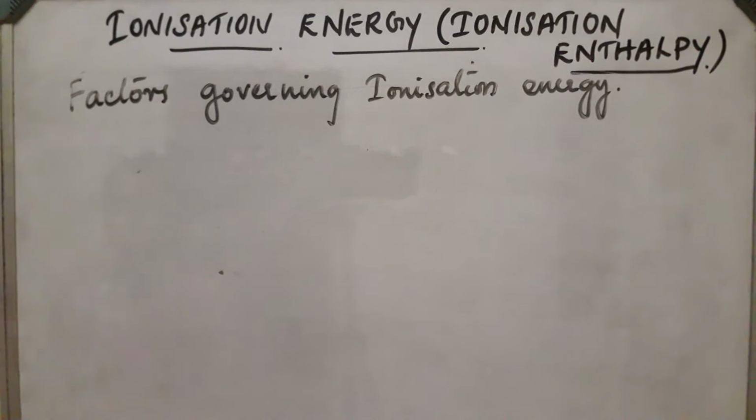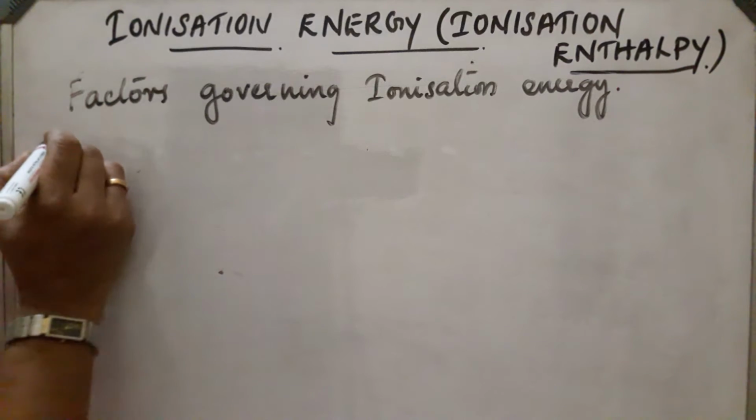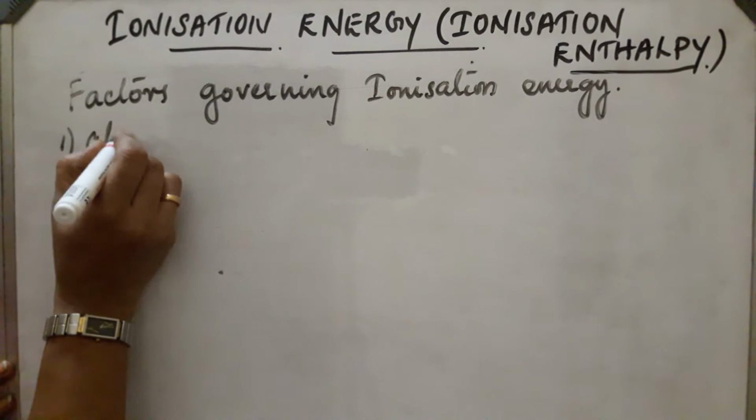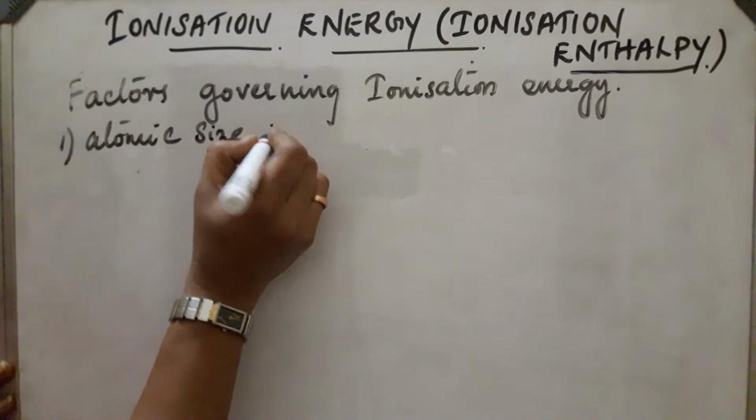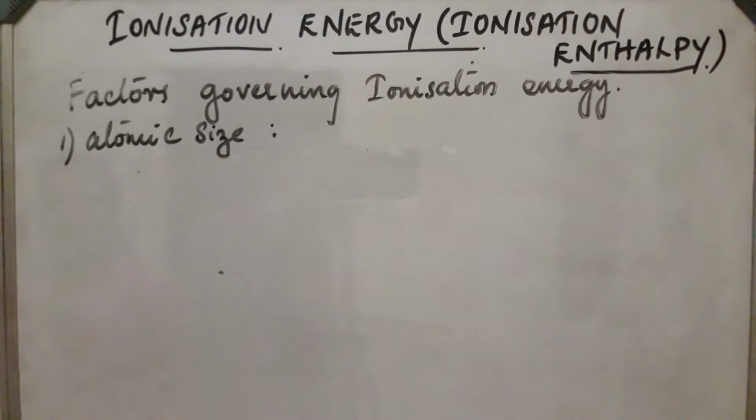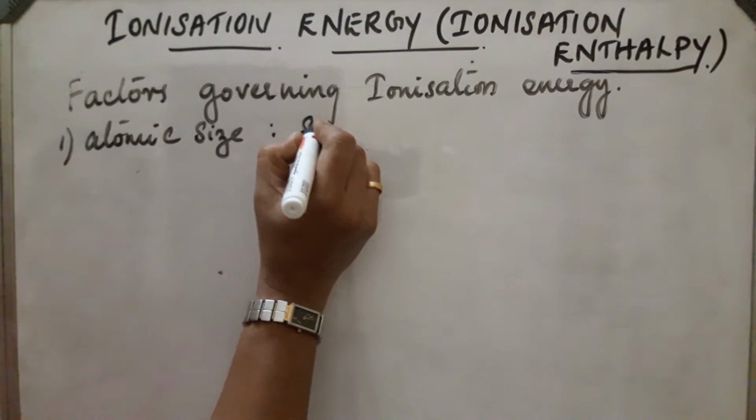Next, factors governing ionization energy. First one is atomic size. As the size increases, ionization energy decreases because the electrons are loosely bound, so it is very easy to remove the electron from the outermost shell.